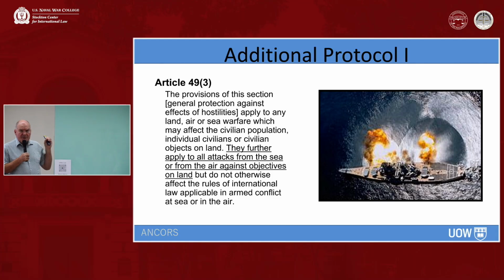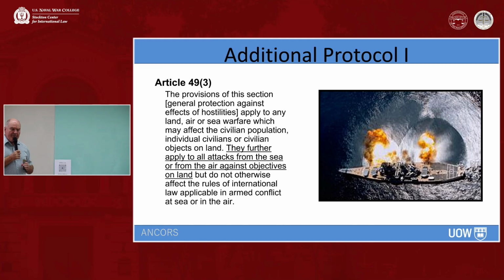Now, for those states that are party to Additional Protocol 1, it does talk about naval bombardment, naval gunnery, gunfire support, fires, whatever your term is that you wish to use. But it talks about it in a particular context.